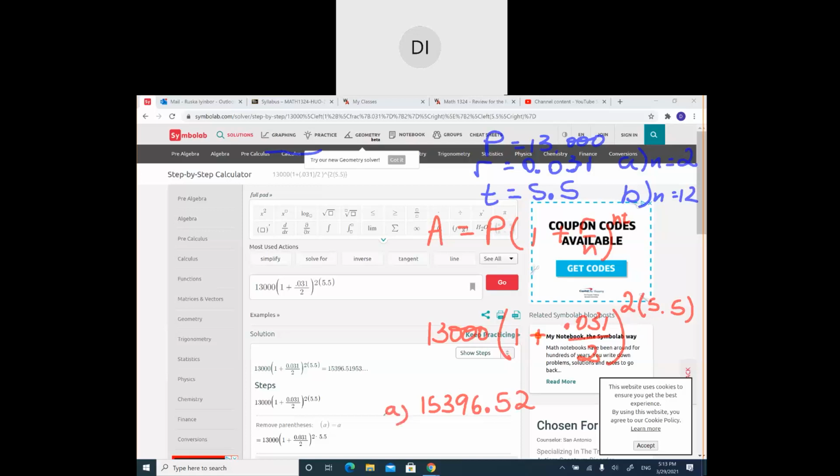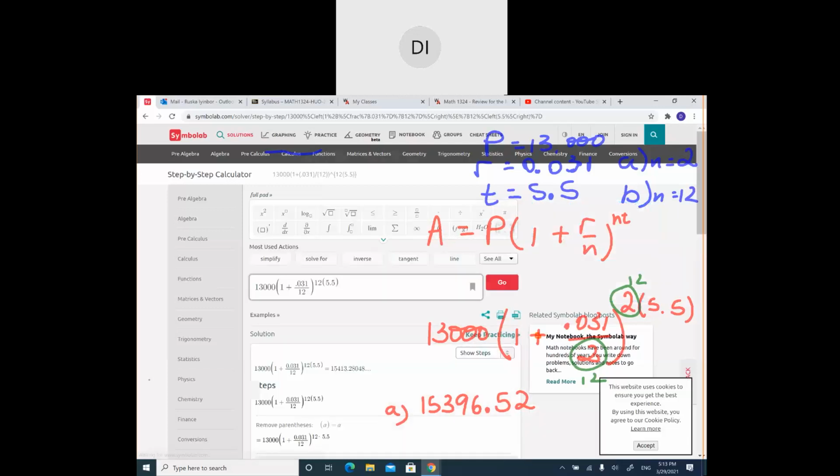And for B, I need to do the same. I just have to change N to 12. So instead of 2 here, I'm going to change it to 12. Everything else stays the same. That's going to change the answer for compound monthly. So this is the difference we got.